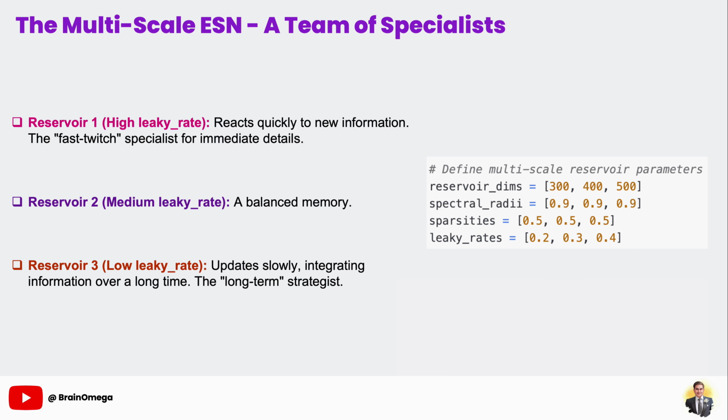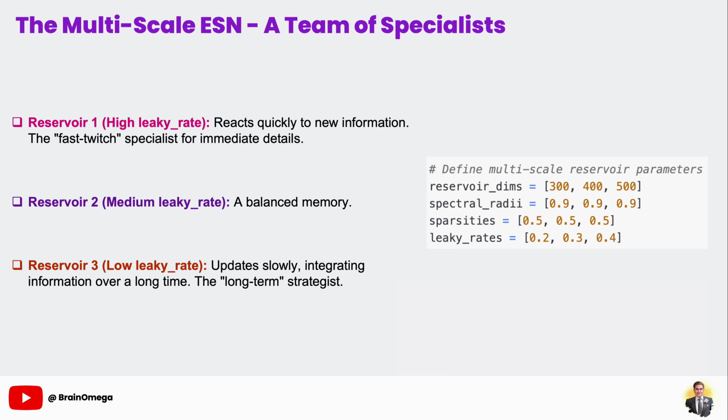A single reservoir might be good at one of these, but not the other. A multi-scale ESN solves this by creating a team of specialists. Instead of one giant reservoir, we create several smaller independent reservoirs. Each reservoir in our team is configured with different properties, allowing it to specialize in capturing dynamics at a specific timescale. Let's look at the parameters we'll use in our code to define this team. First, reservoir dimensions.